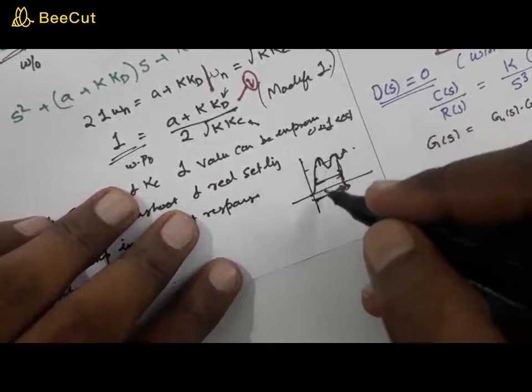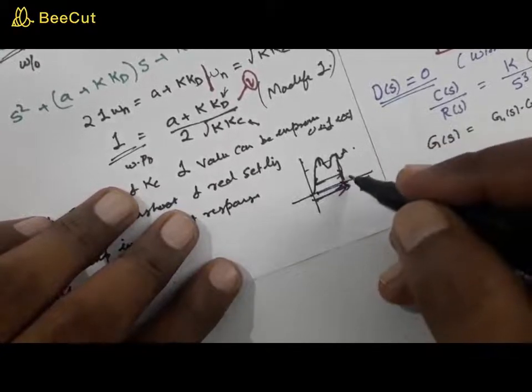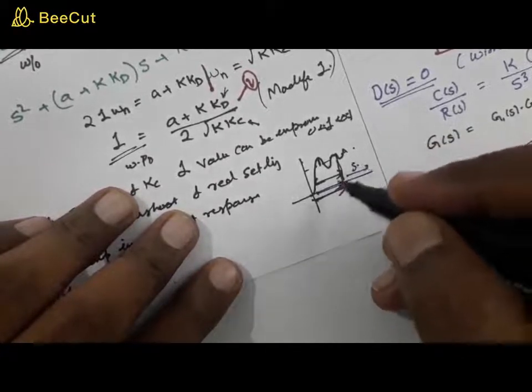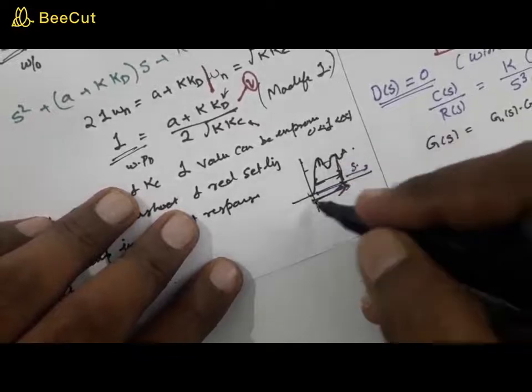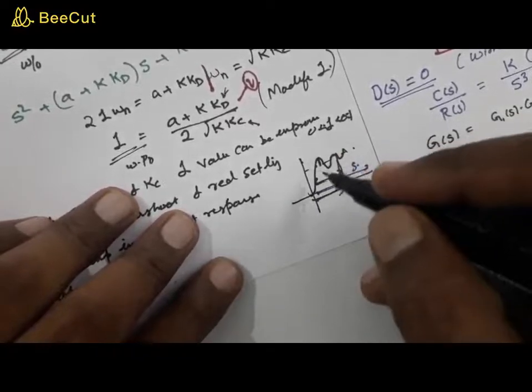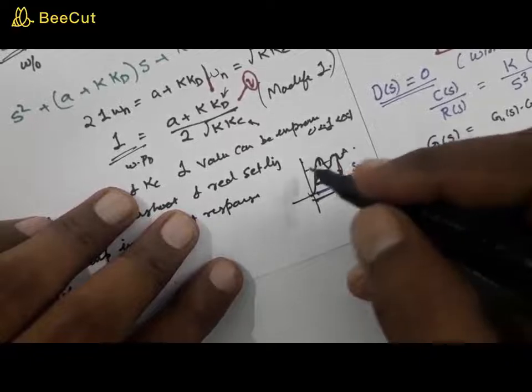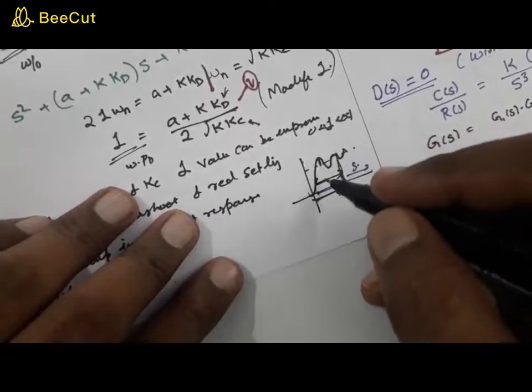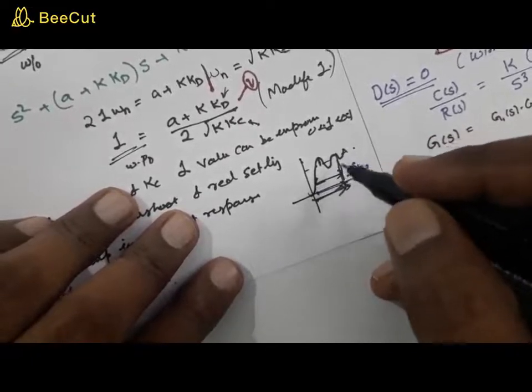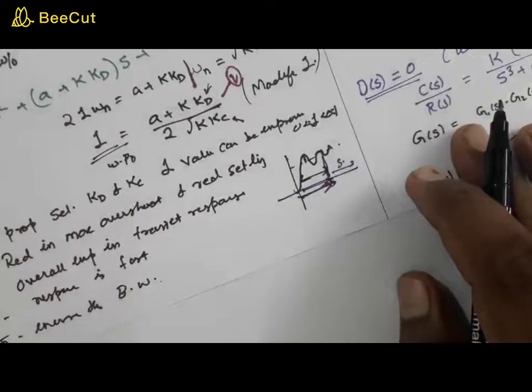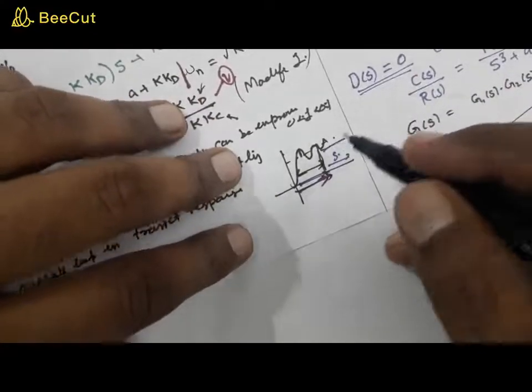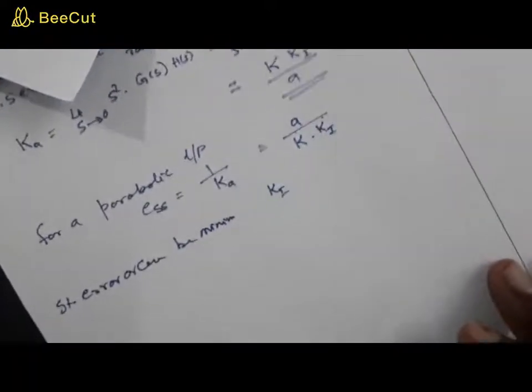This region is the transient response, and this region is the steady state. By the introduction of a derivative controller along with proportional, it improves the transient response, while the introduction of an integral controller improves the steady state response. So that is the advantage of an integral controller.